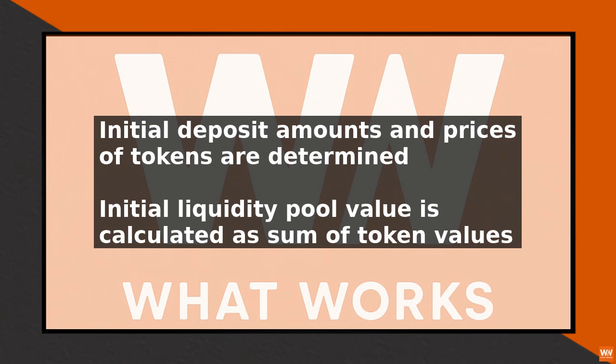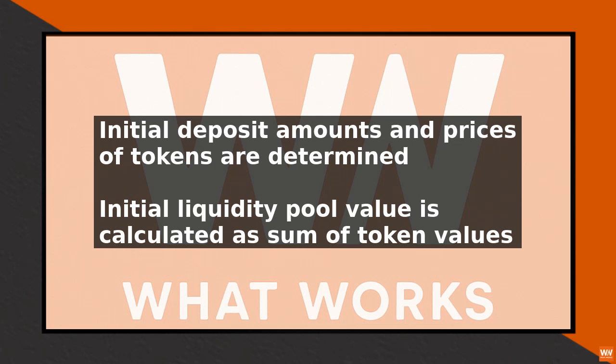Now, let's say the price of token A increases to $1.1 and the price of token B decreases to $0.9. To calculate the impermanent loss, we need to calculate the new liquidity pool value, taking into account the new prices, using the formula for impermanent loss, which is 1 minus the square root of the product of the new prices divided by the initial prices.